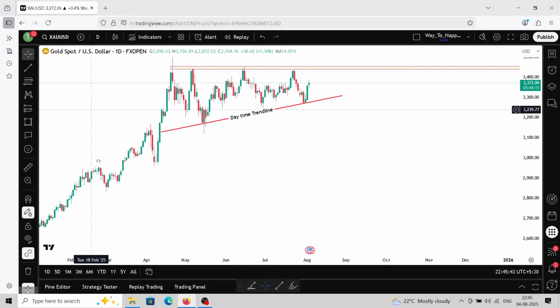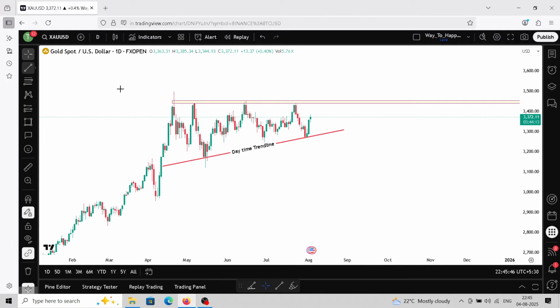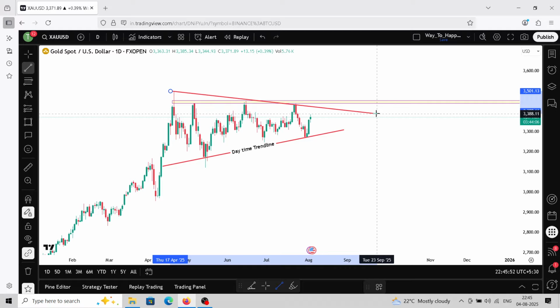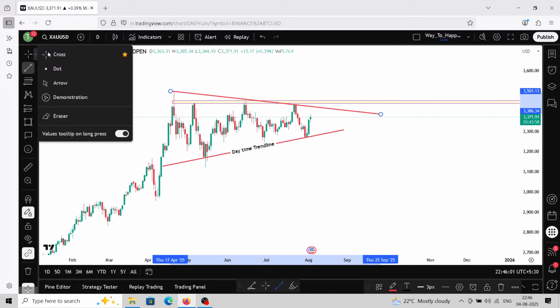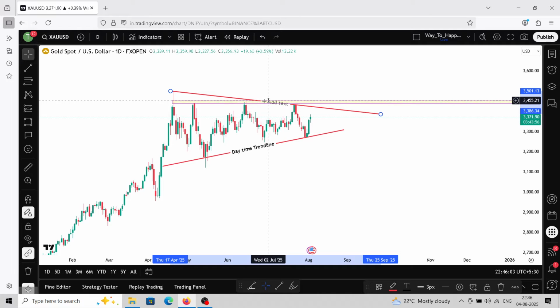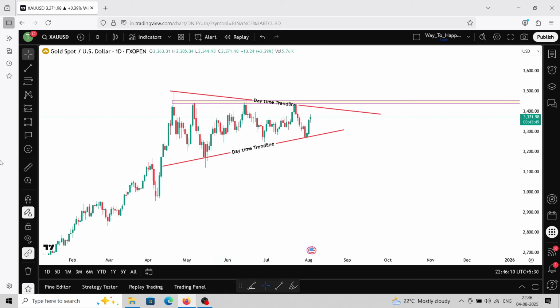Is there anything on the above side? Can I call this a trend line? Yes. So this is also a daily trend line. What else? Nothing. No problem.